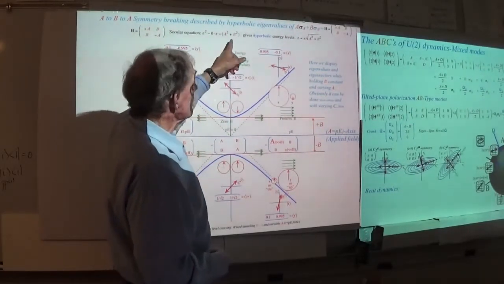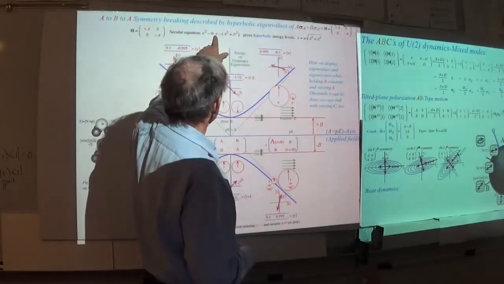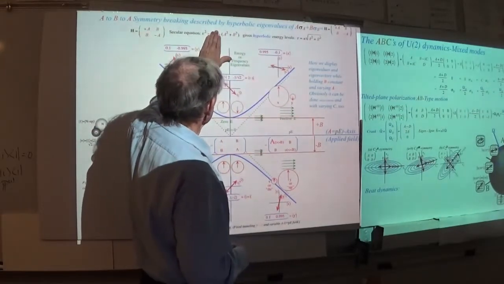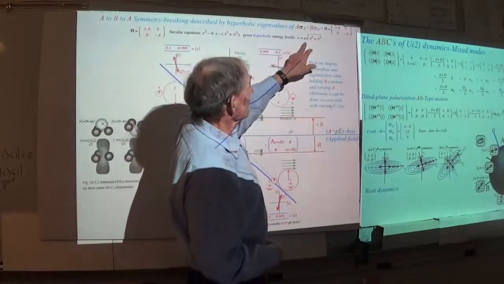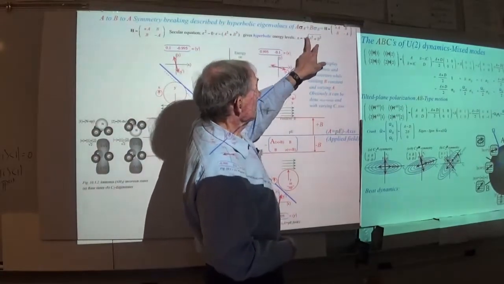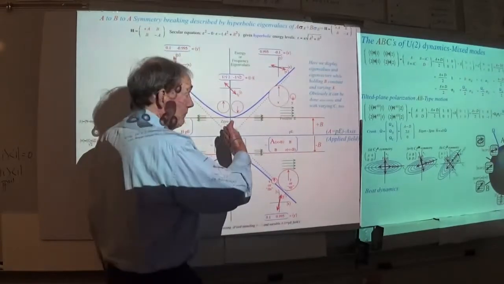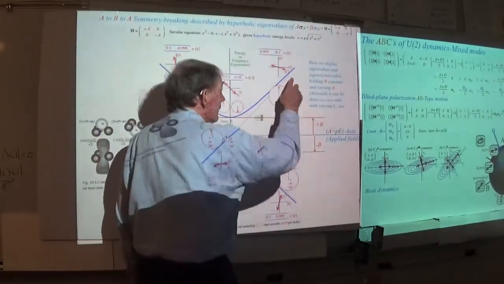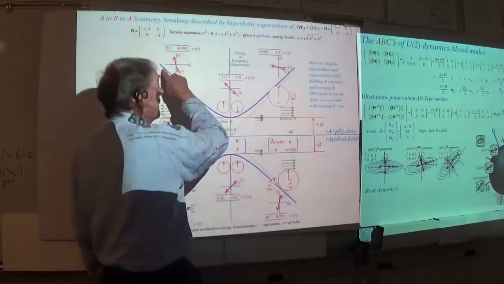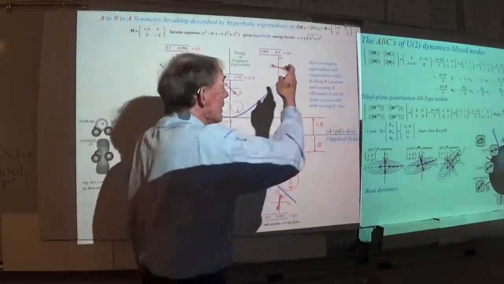That gives you a hyperbola. The actual epsilon, forget that right there, it's just the square root of A squared plus B squared, plus or minus. So as a function of the B parameter, these are the curves that describe the energy values coming from this.